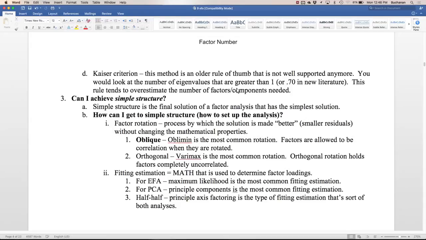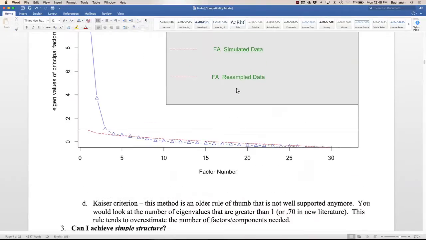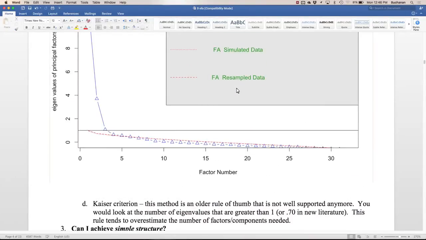So it tends to overestimate the number of factors. So any eigenvalues over 1, that's why this line is here, as it says this is the Kaiser criterion. So there are 3 of them that are over 1, and I think all the rest of these are less than 0.7. So it's still 3.